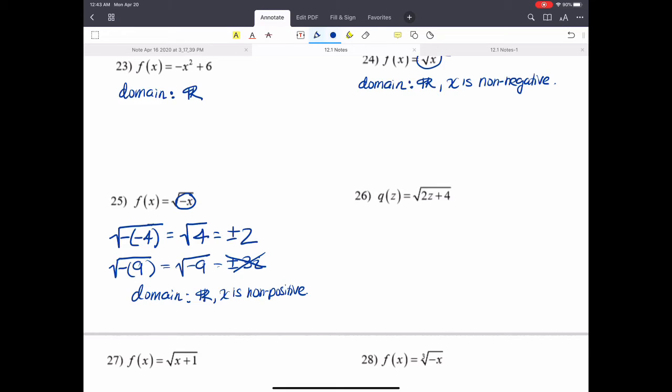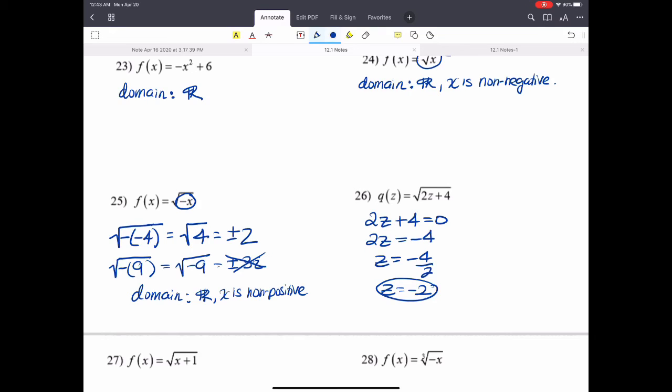And then for number 26, we're just going to set that equal to 0. And when you do that, you get 2z equals -4, and then z equals -4 halves, and then z equals -2. So now we're not saying that's the answer, we're just saying that's one of our constraints.